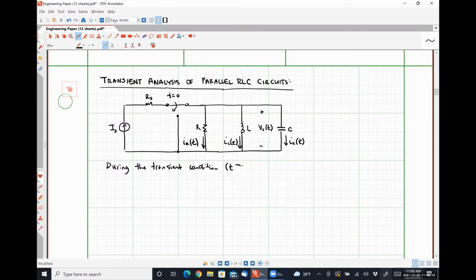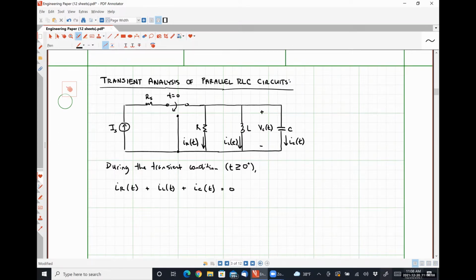So for t greater than or equal to 0 plus, we can say that IR of t plus IL of t plus IC of t is equal to 0. Right? Kirchhoff's current law has to hold. And we can express all three of these currents in terms of that common voltage VC of t, right?